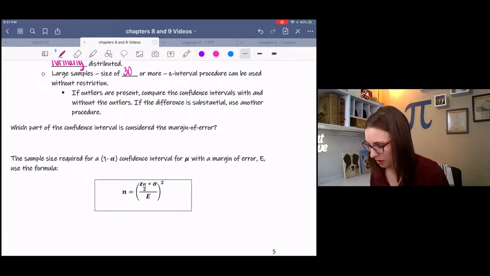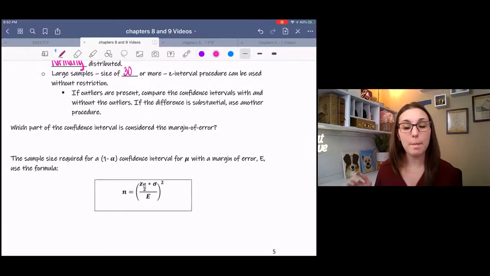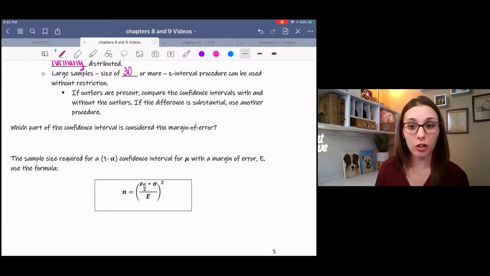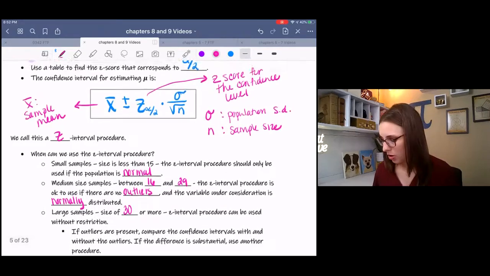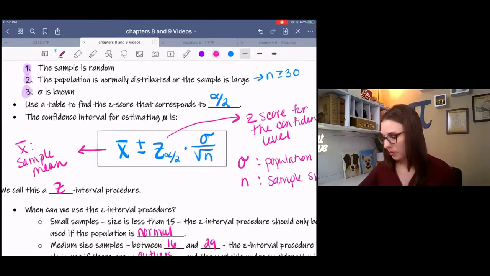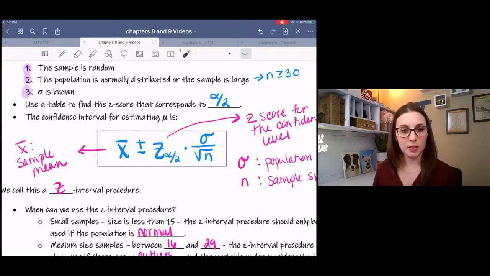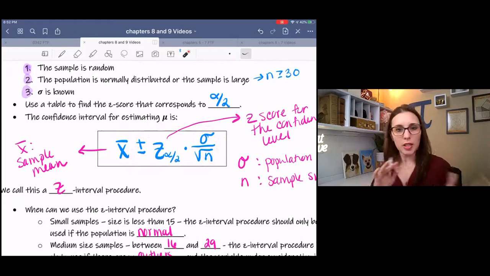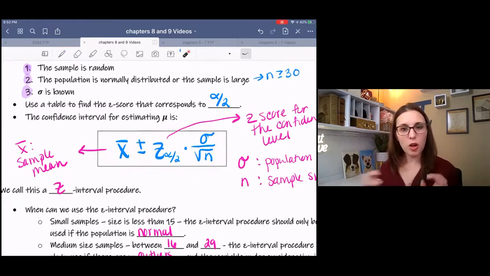Which part of the confidence interval is considered the margin of error? Okay, so if we go up here, we know that this is the sample mean, and then this is kind of our buffer. It's going to be give or take this amount. So that amount, that give or take, we call that our margin of error.